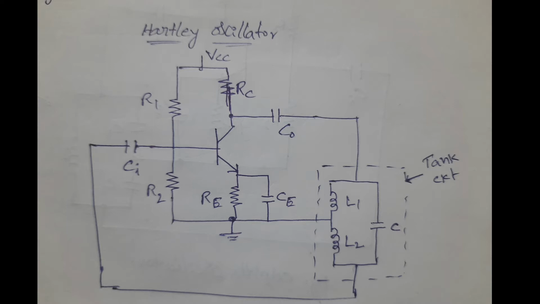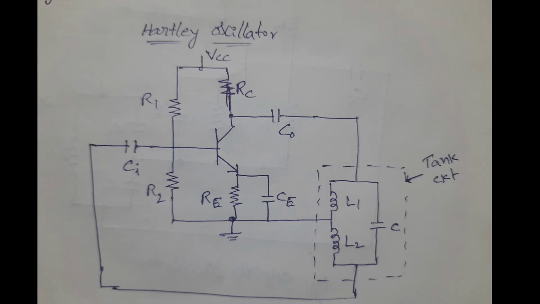Here, R_C is the collector resistor, while the emitter resistor R_E forms the stabilizing network. Further, the resistors R1 and R2 form the voltage divider bias network for the transistor in common emitter configuration.